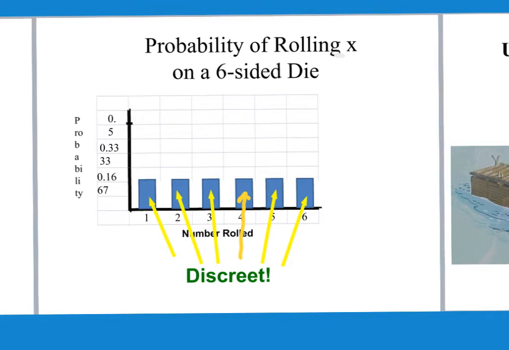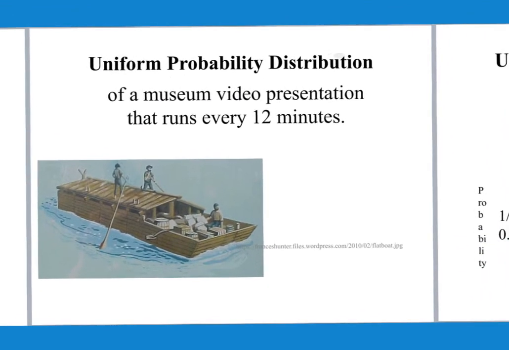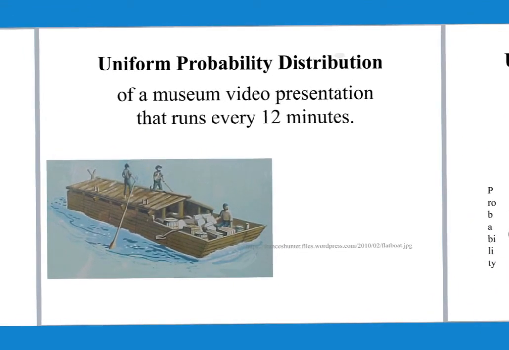Let's take a look at something that does not involve discrete numbers. I'm going to ask you to use your imagination. Imagine that you are an elementary school teacher taking a bunch of 3rd graders to a museum.